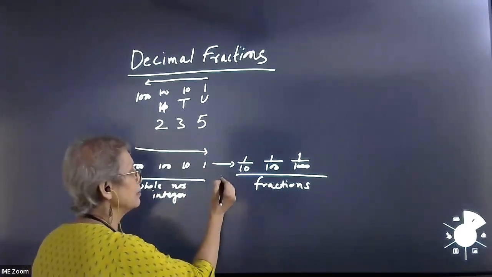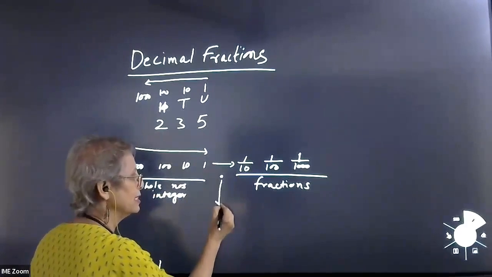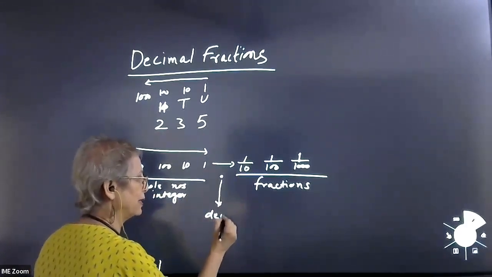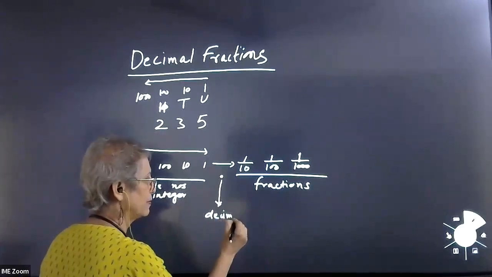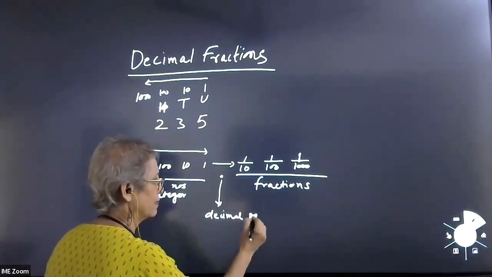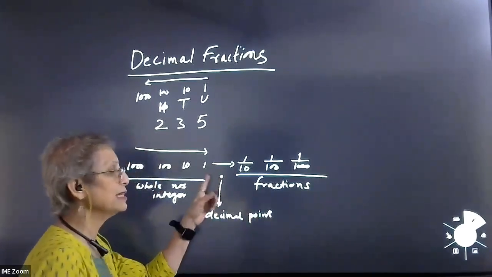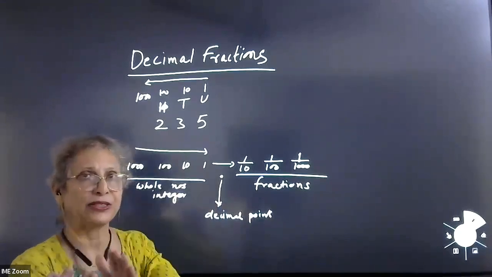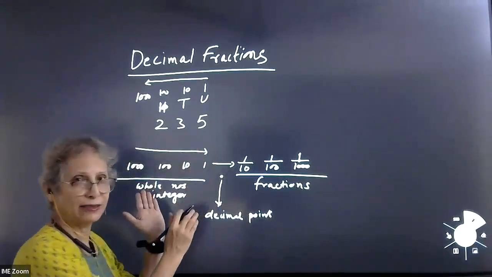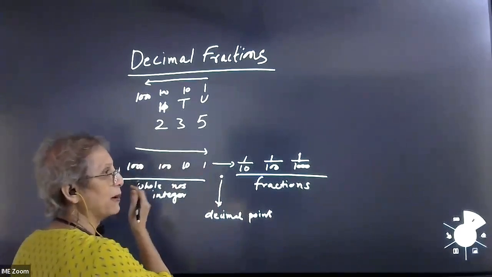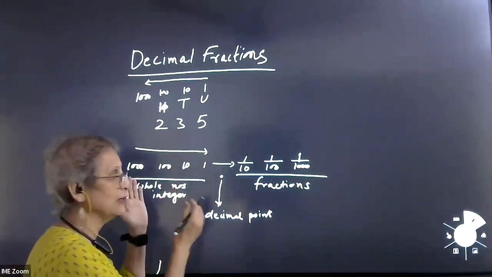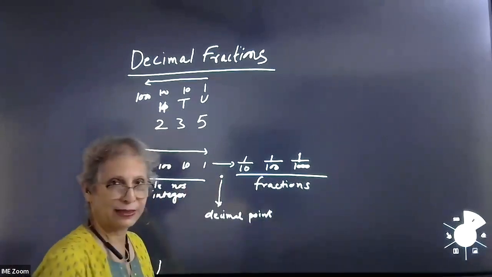And that symbol is nothing but the decimal point. This divides the number into fraction and integer. The left-hand side part is the whole numbers or integers, and this side they are fractions.